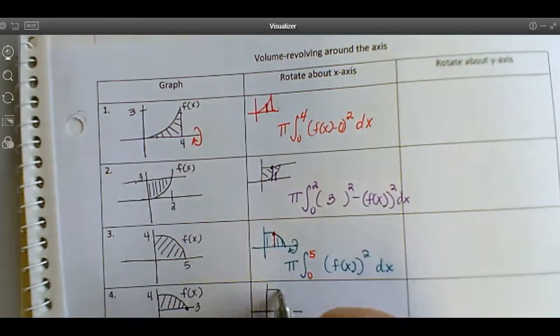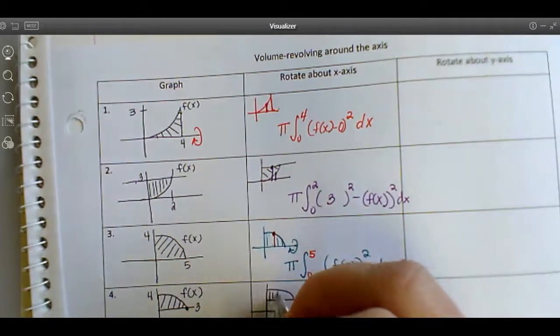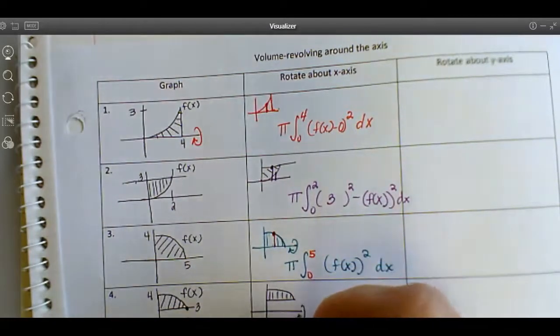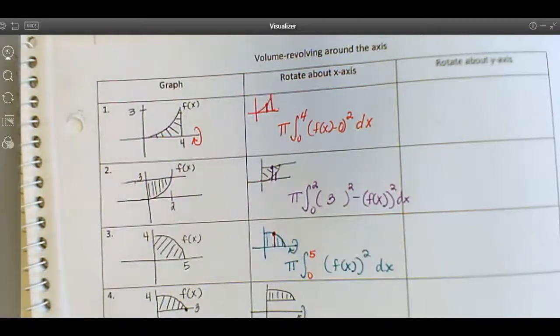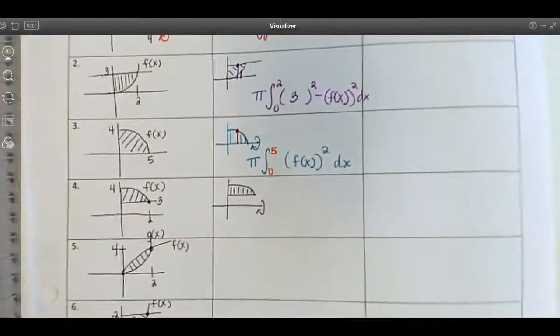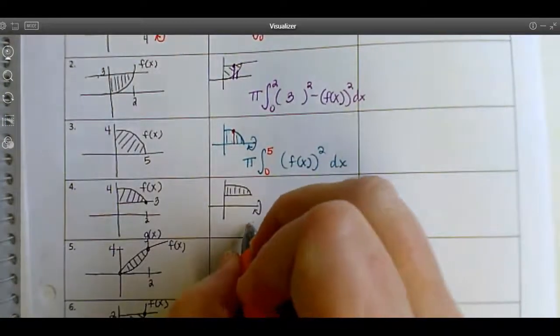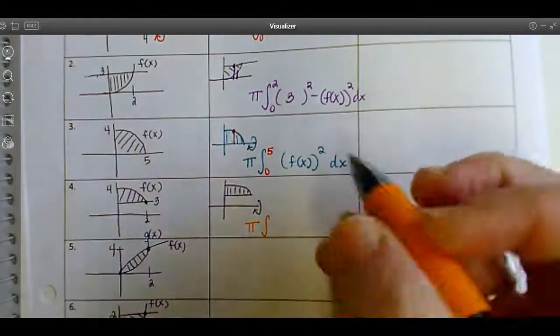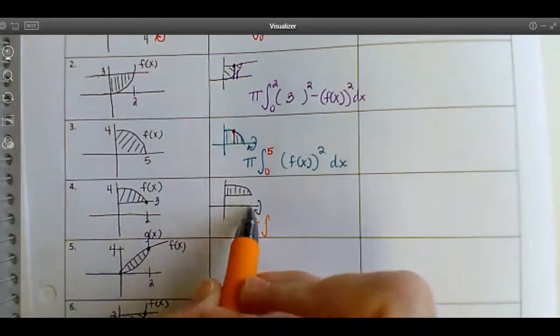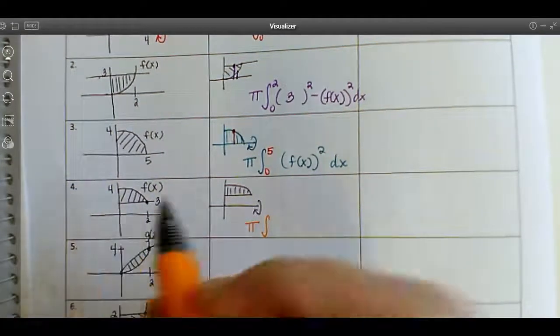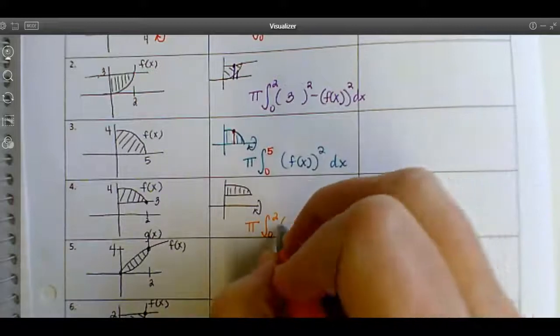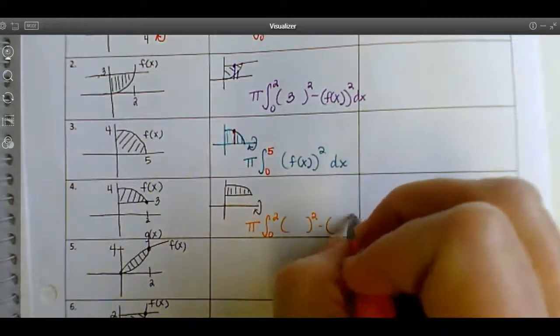You do not have to redraw these. Like I said, I'm just redrawing them so when we do the y-axis it won't be confusing. So it's that little region around the x-axis. And it does appear that there is a hole. So we'll have pi and then the integral from here to here, 0 to 2, of something squared minus something squared.